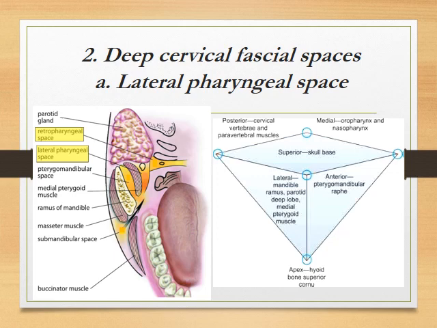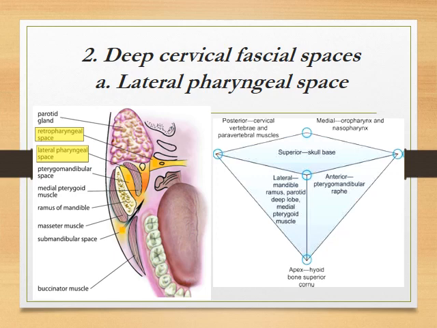The signs and symptoms: how will the patient present? Trismus, usually as a result of inflammation of the medial pterygoid. As we say, any space that has any of the masticator muscles in its boundaries will show trismus. The patient will complain of trismus.